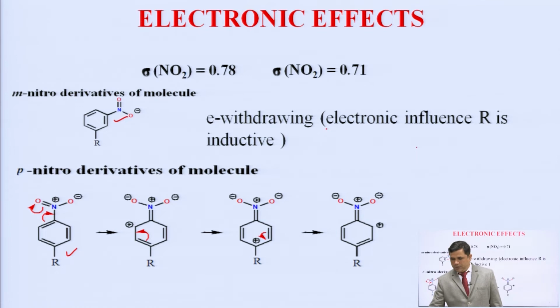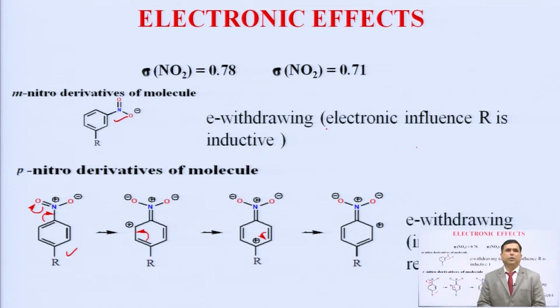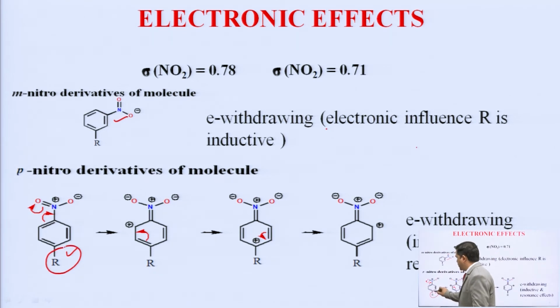If we change the position of the group from meta to para, then the electron withdrawing group will produce the ionized compound as well as the resonating structure in this manner.